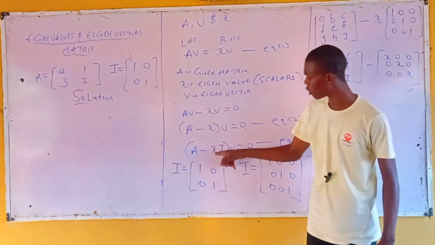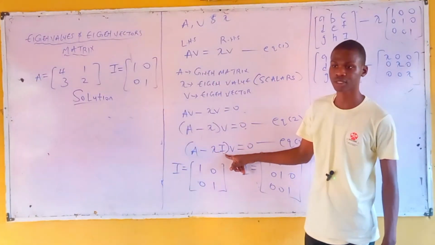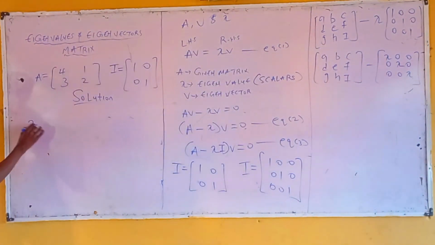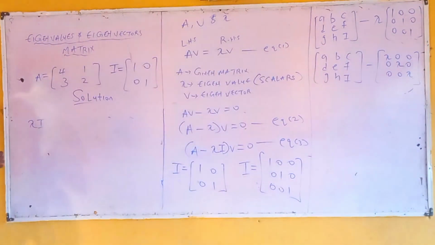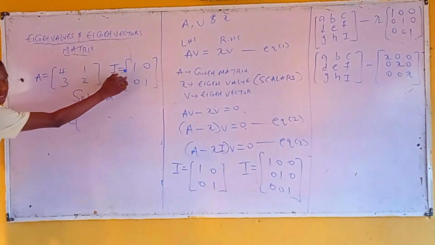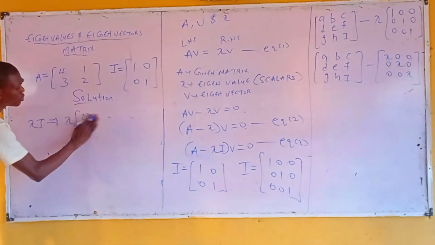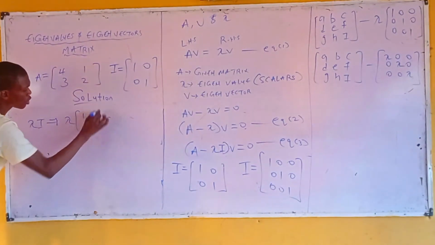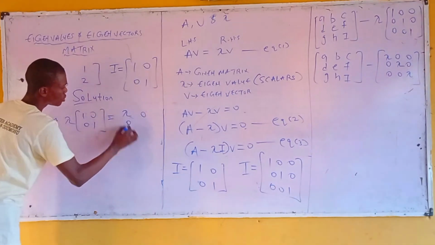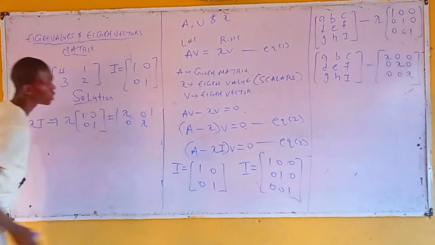You need the product of lambda times the identity matrix. Right? Now, let's compute. What was lambda times identity matrix? It implies what? Lambda, what's the identity matrix? This here, 1, 0, 0, 1. Let's get the value. This is what? Lambda, 0, 0, and lambda. Are you with me?